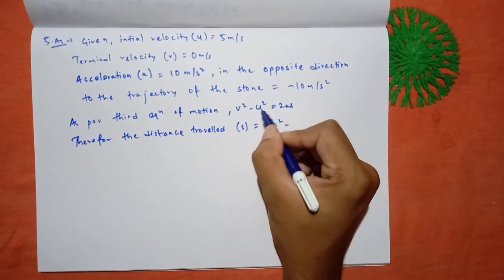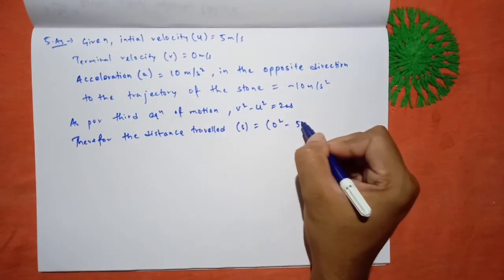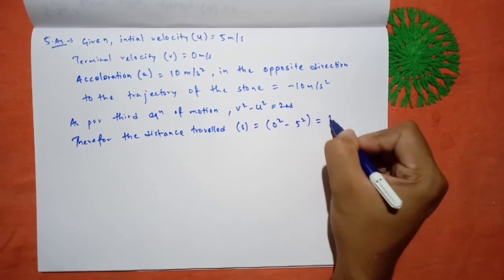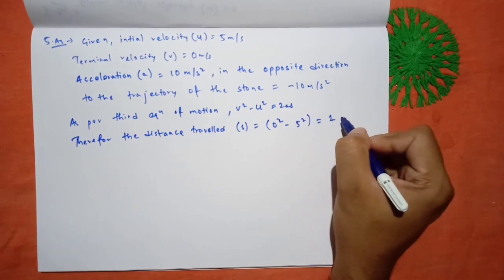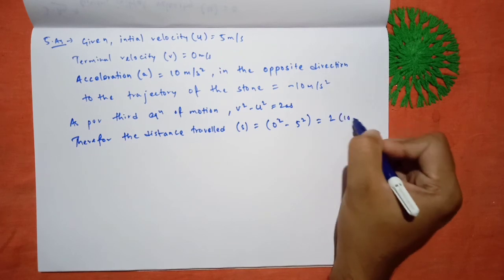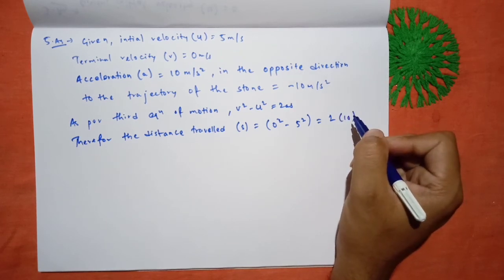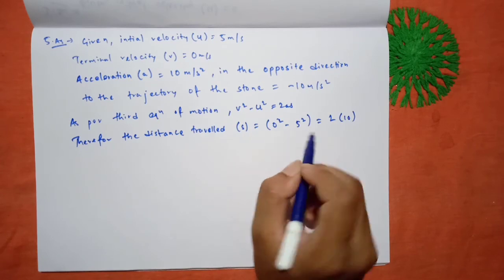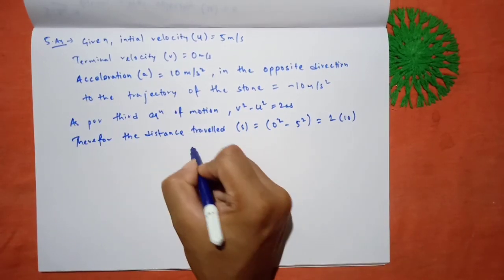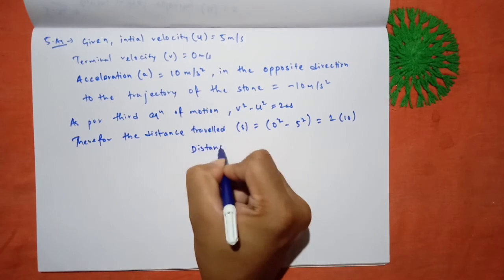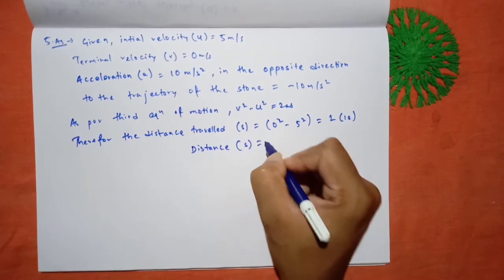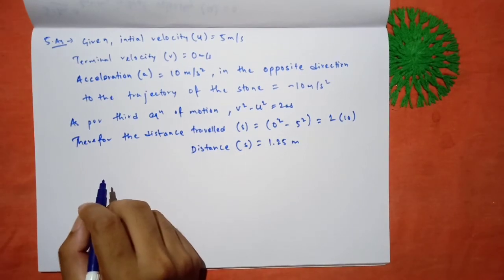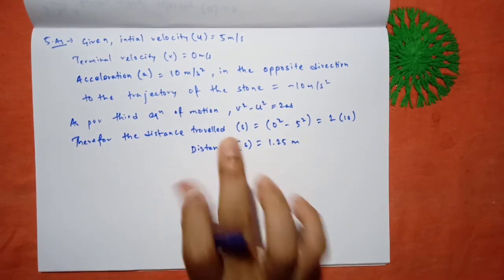V is 0. What is u? U is 5. 0 square minus 5 square equal to 2as. What is a? A is 10. Sorry, s is here. We have to find the s here. So the distance s is 1.25 meters. So now we have found the distance.